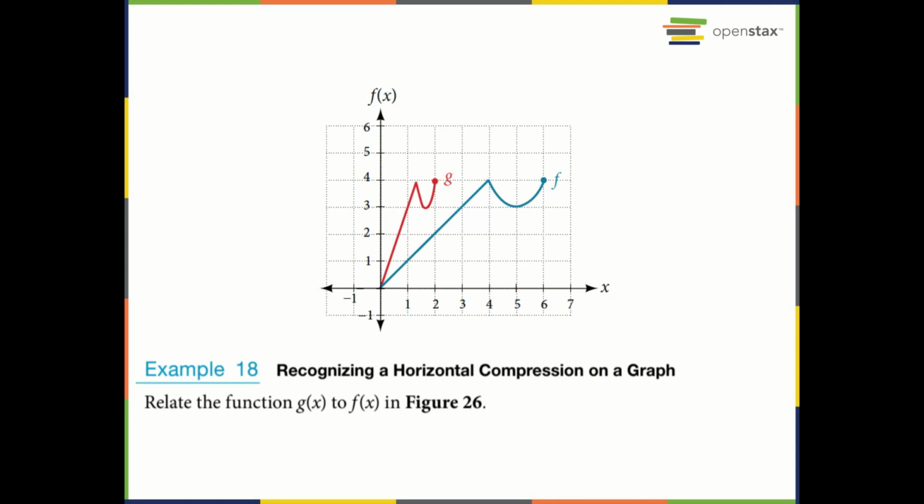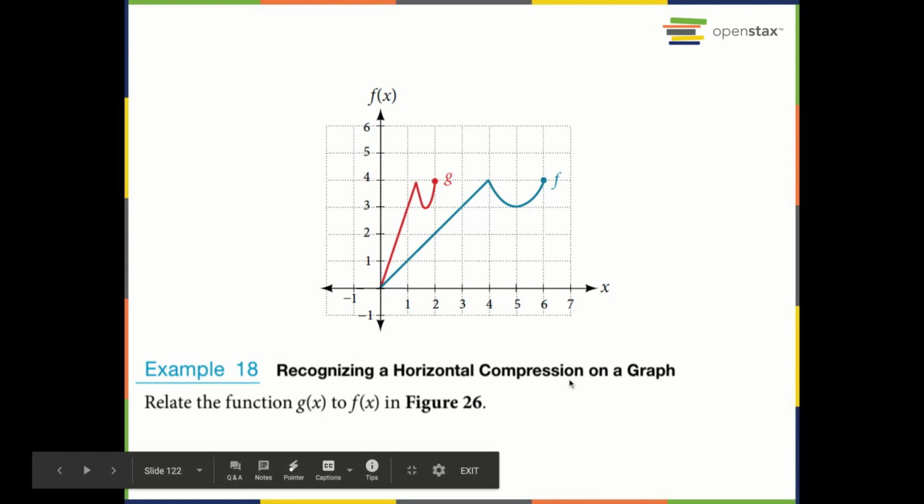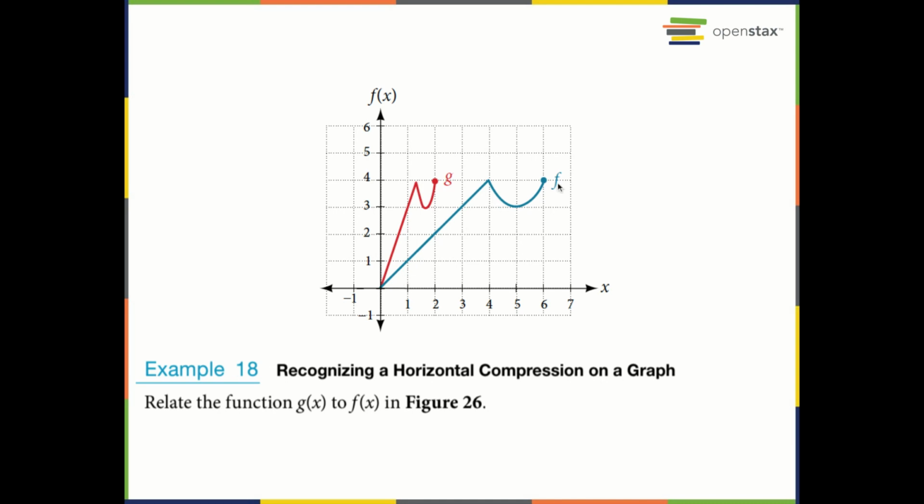And lastly, recognizing a horizontal compression on a graph. Relate g of x to f of x. So here's our original function f of x. Well, let's look. This point, (6, 4), went over to (2, 4). So it looks like it got horizontally compressed by a factor of 3, right?